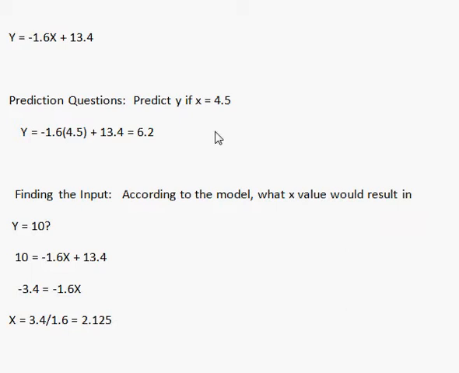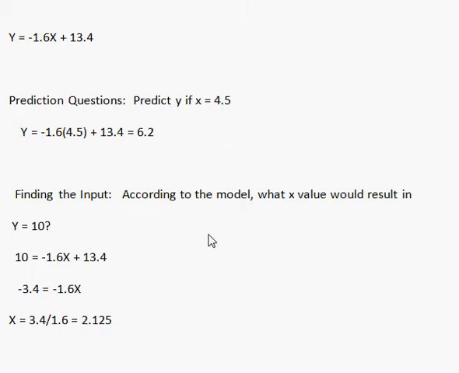Now remember, we're modeling the real world, so depending on what this is modeling, that may never exactly occur in the real world, but this is our best prediction based on the model of approximately what we would expect the value to be. You can do the opposite, where you know the y and you find the x, so finding the input when you know the output.